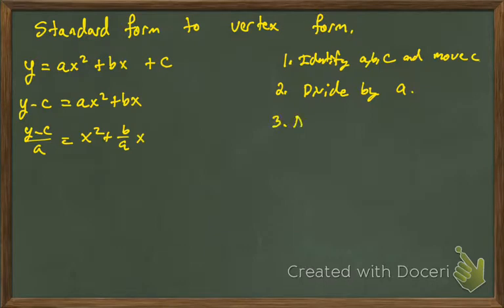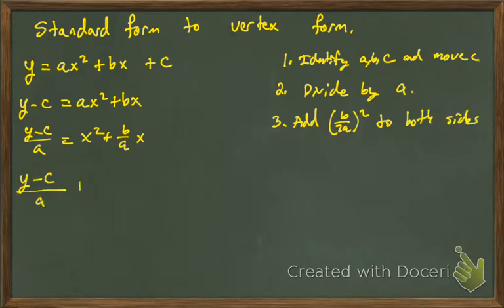Okay, the next thing we're going to do is add the quantity b over 2a squared to both sides. So very similar to solving by completing the square. So y minus c over a plus b squared over 4a squared is equal to x squared plus b over a x plus b over 2a quantity squared.